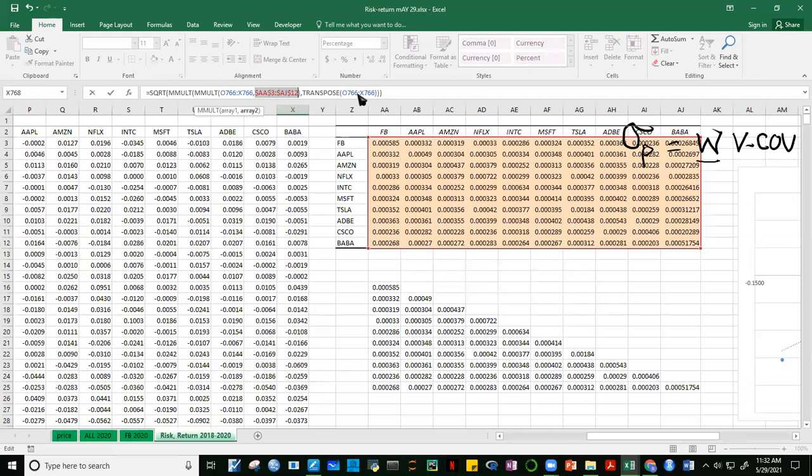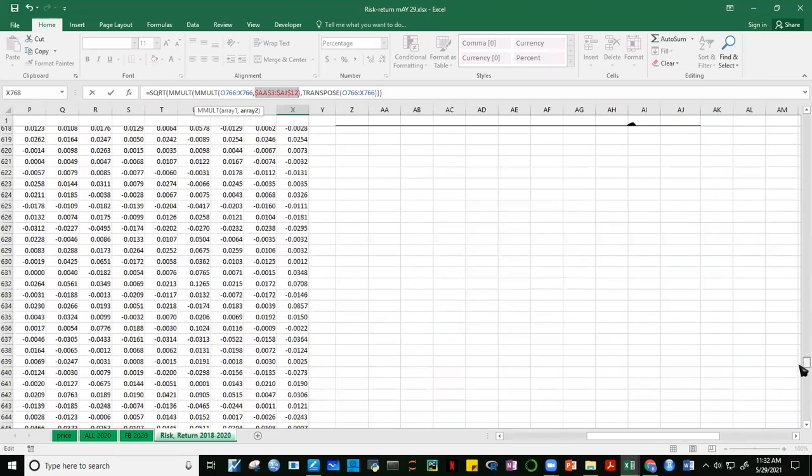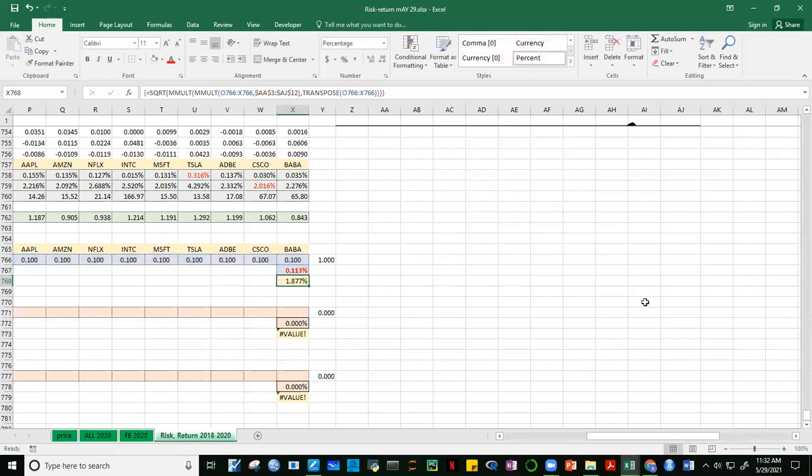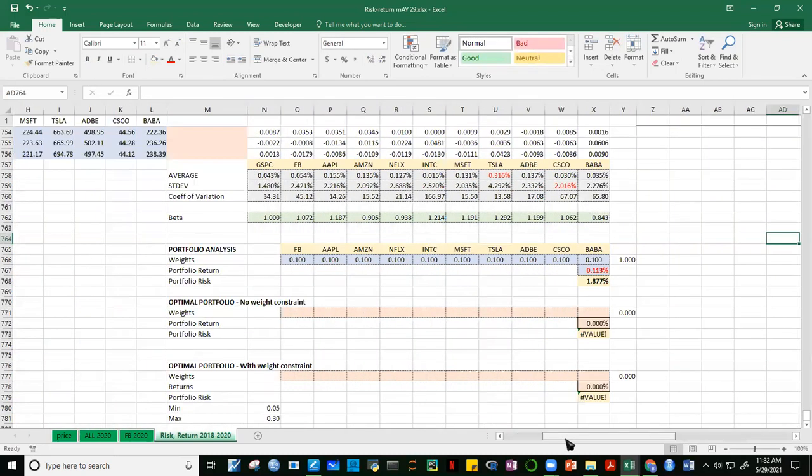And then transpose, yung weight matrix natin, it-transpose, no? Ibabaliktad. And then, take note guys, this is may square root dito, no? Tapos ginamit natin yung matrix multiplication. Okay. Control-Shift-Enter kasi array ito. Control-Shift-Enter. Okay, so 1.877. So that is now the risk of your portfolio.